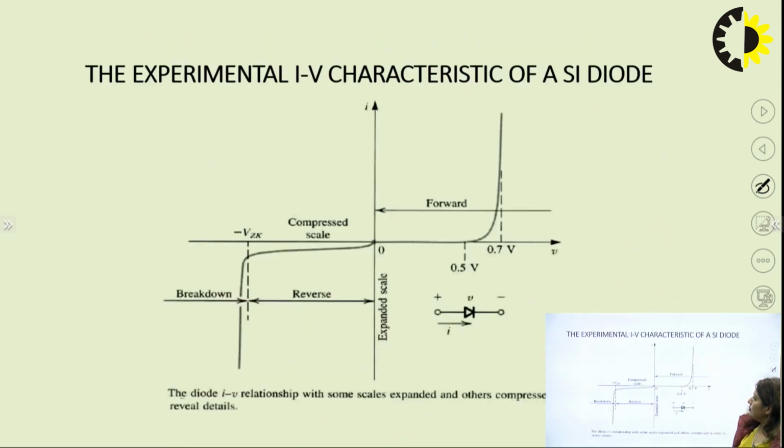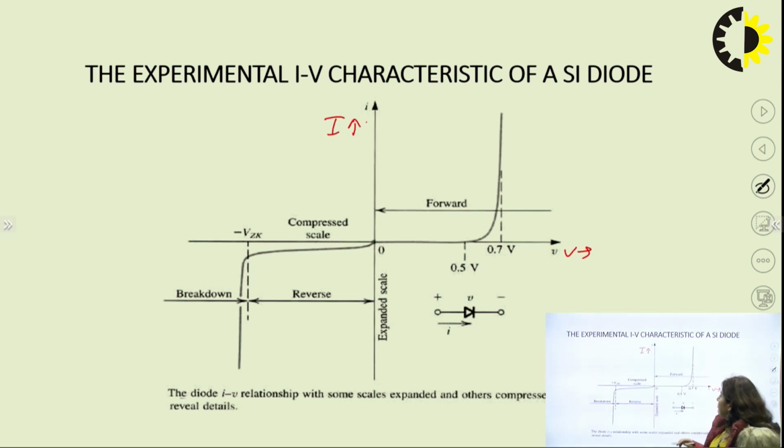We can see the experimental IV characteristic, which you can also experiment with in your lab with the help of a breadboard, fixing all the components like resistors and diodes, and observing the voltage and current characteristic. This is voltage here and this is your current.